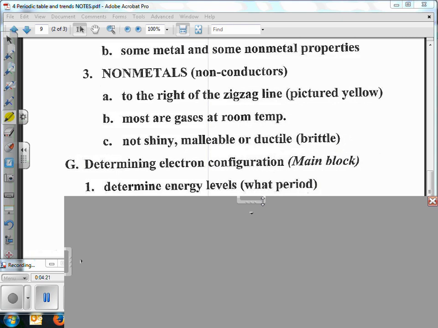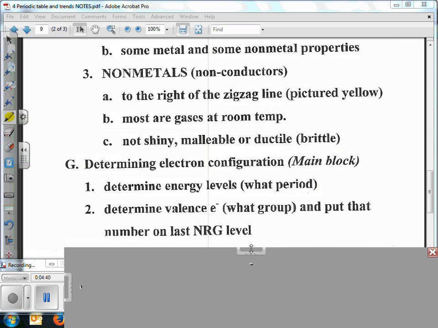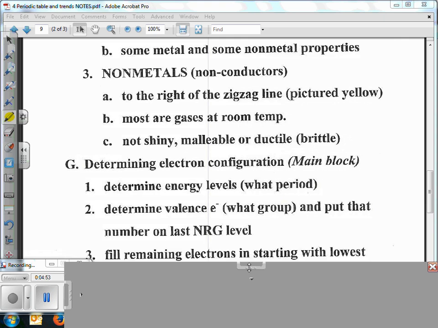Keeping in mind, the electrons are not really on levels, but they're at energy states around the nucleus of the atom. And determine valence electrons. And we'll put the number of the valence electrons. The valence electrons are always on the last energy level. Okay, so we're going to have to make some sense out of that.